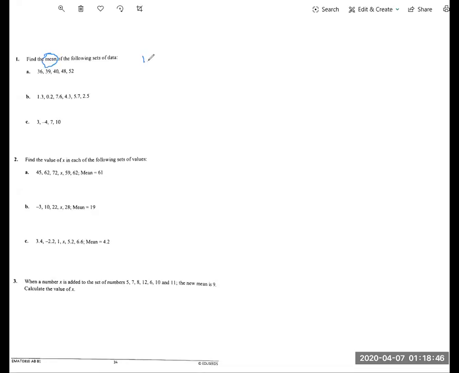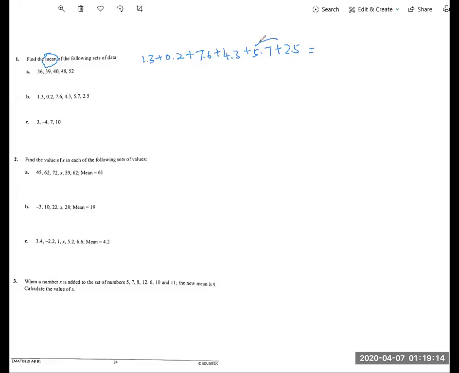You take 1.3 plus 0.2 plus 7.6 plus 4.3 plus 5.7 plus 2.5. So first you add the total.